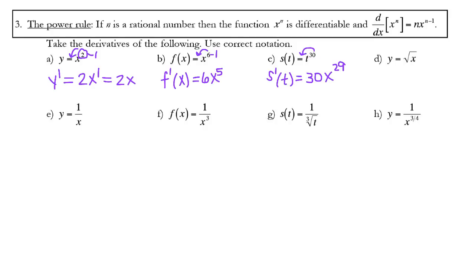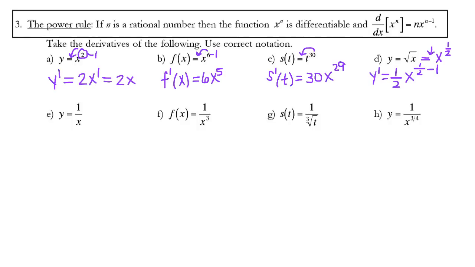Now part D is a little different because we don't have an exponent written, so we do need to change this. The square root of x would be the same thing as x to the 1/2 power. And again, we still work through the same process, so we will have y prime equals, again, move your exponent down to the front, so we have 1/2 x to the 1/2 minus 1.